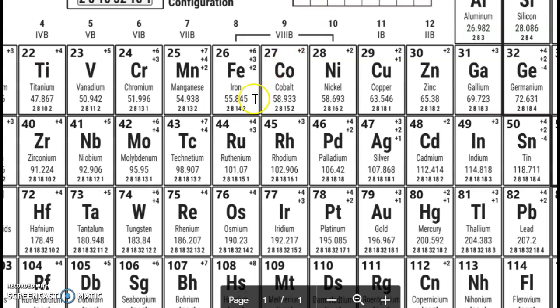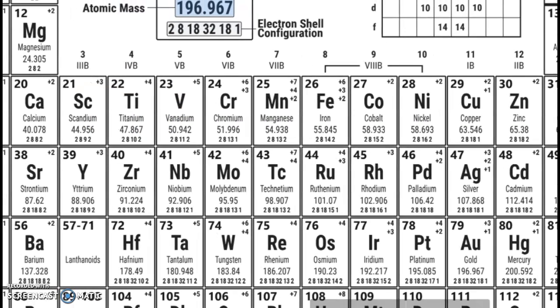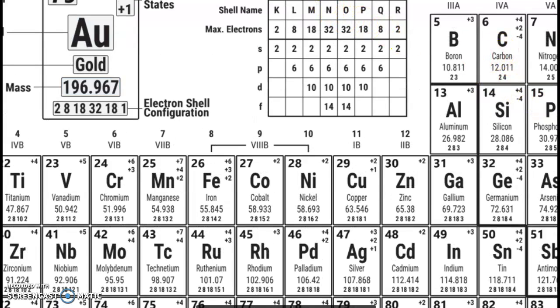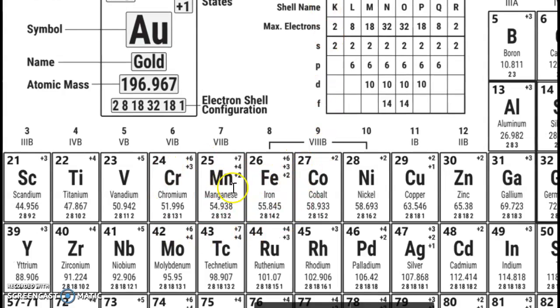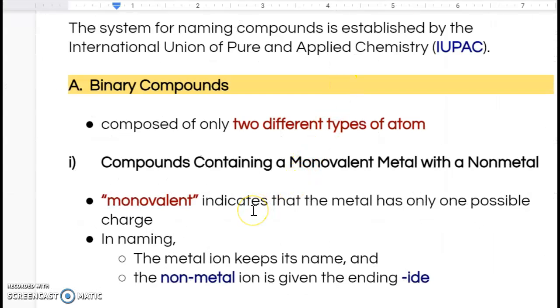If we look at the periodic table that I provided you on the classroom, we can see that most of our monovalent metals are in group one, group two, group three, and group four. The other ones are called multivalent, and they're located in the middle here, the transition metals. So monovalent indicates that the metal has only one possible charge.